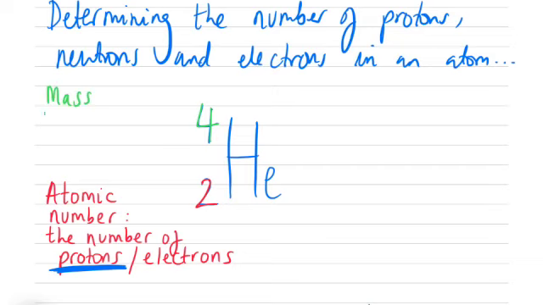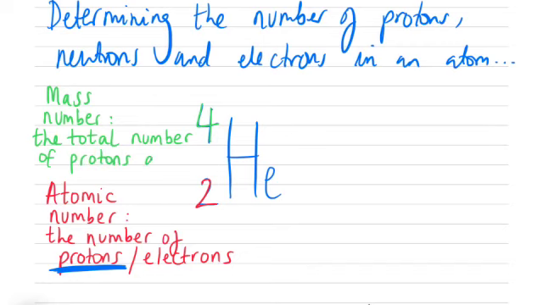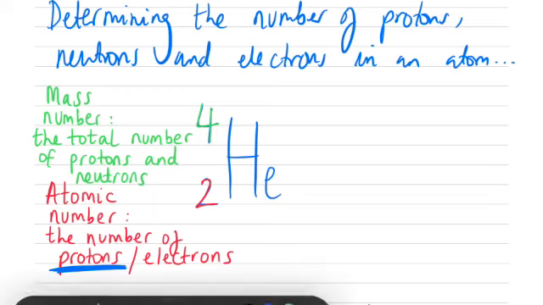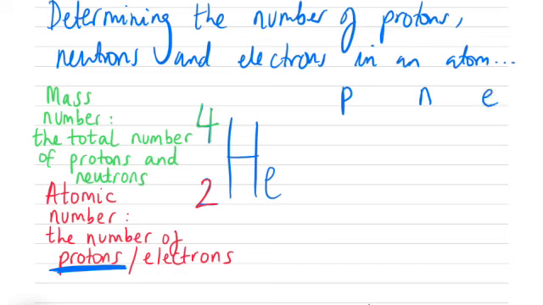The mass number at the top, the larger number, shows us the total number of protons and neutrons that are present within the atom. So this number correlates to the mass of the protons and the neutrons together, and also how many there are. So from this we can work out how many protons, neutrons, and electrons are present within the atom.